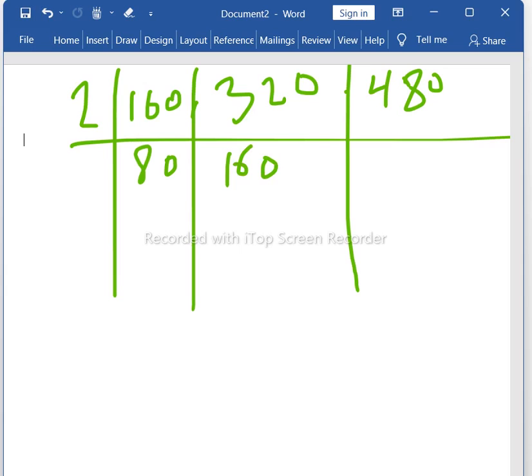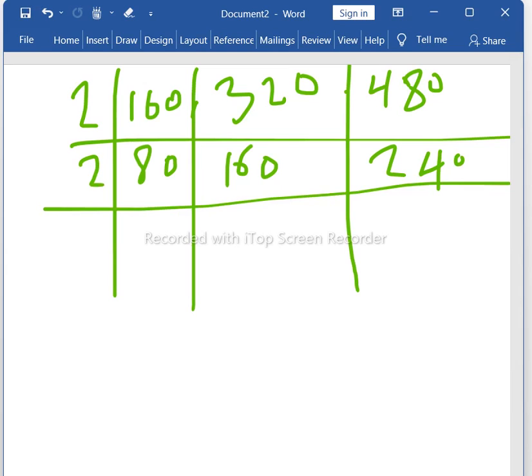Again, when we divide this by 2, we get 240. These 3 numbers are divisible by 2, so we can divide by 2. 80 divided by 2 is 40.